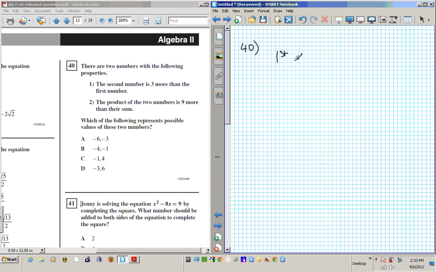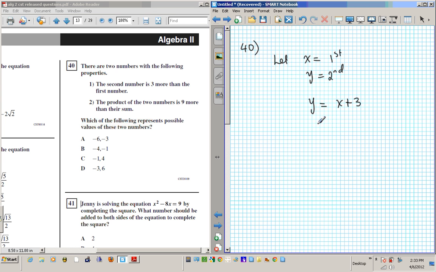Let's see, the first number is x. Let me write this: let x be the first and y the second. So the first statement says the second number is 3 more than the first, so y is x plus 3.